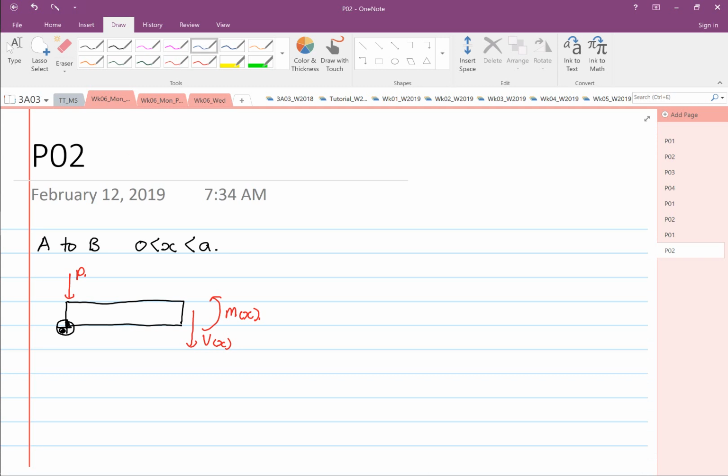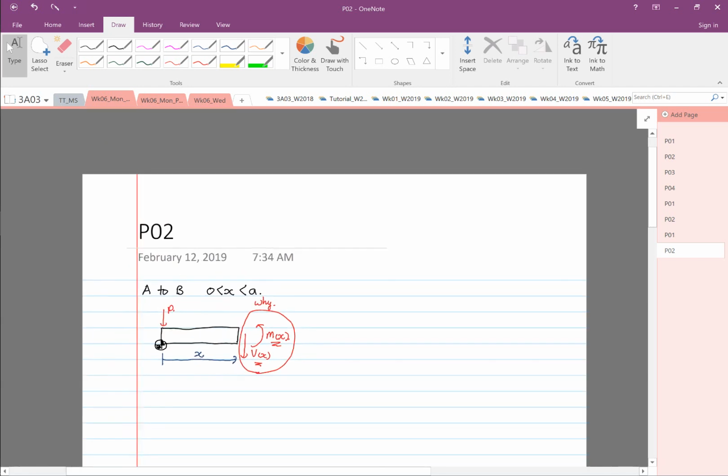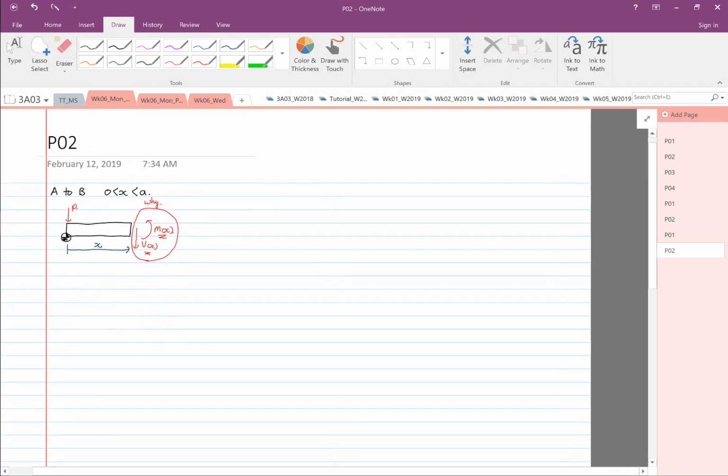And then our slider is from left to right. So this is our X. So the question is, why are the shear force and then bending moment in this direction? So I'm going to do some side work to explain why.